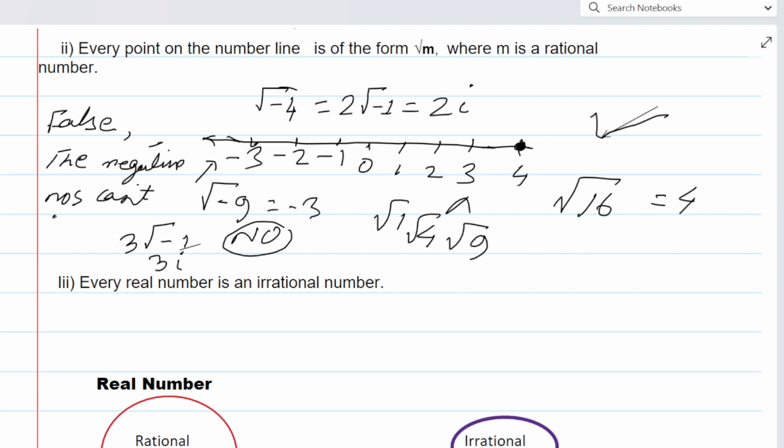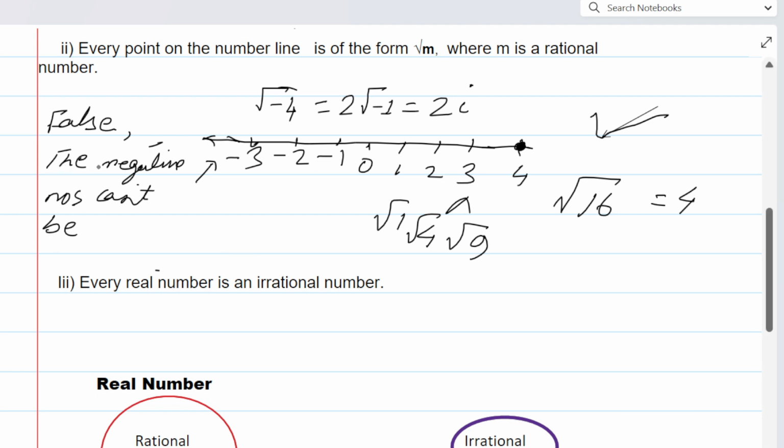Are you understanding what I'm saying? Because all these negative numbers, on the negative side, cannot be written in the form of root n.